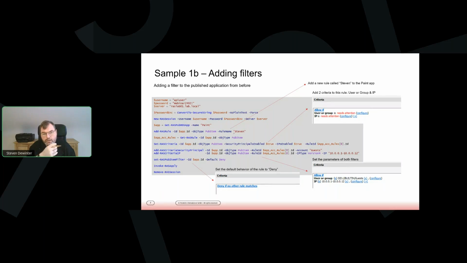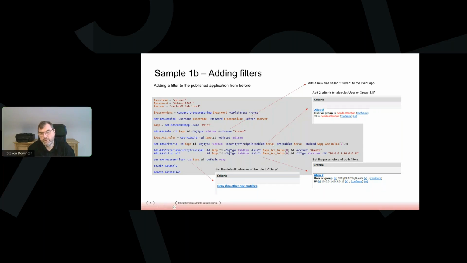Then in that rule, as you know, we can put multiple criteria. So to that rule, I'm going to add a first criteria, and that first criteria will be based on a security principle. Basically I want to filter based on a specific group, so I'm going to enable that one.